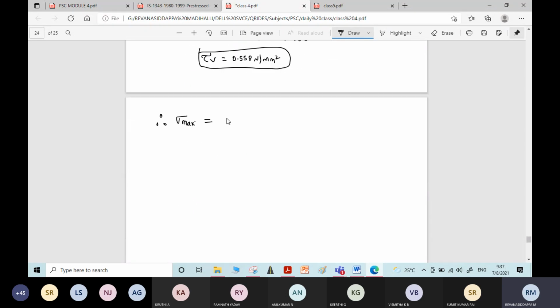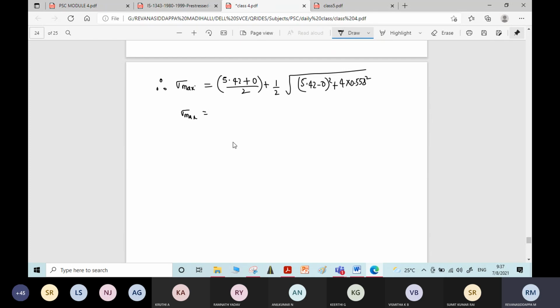Fx is 5.42 plus 0 divided by 2, plus half of root of (5.42 minus 0) whole square plus 4 tau v square, into 0.558 square. 5.734, okay, 5.734 Newton per mm square.